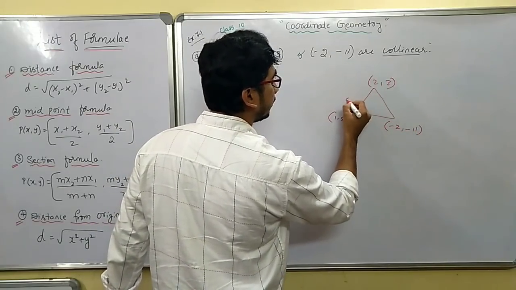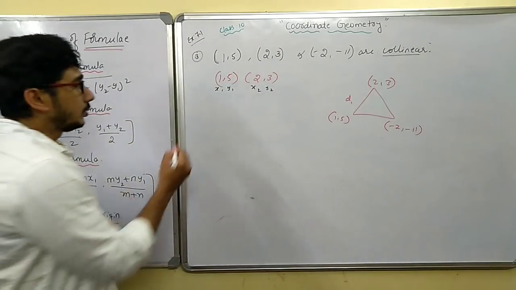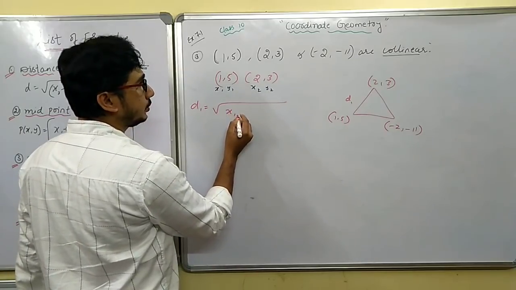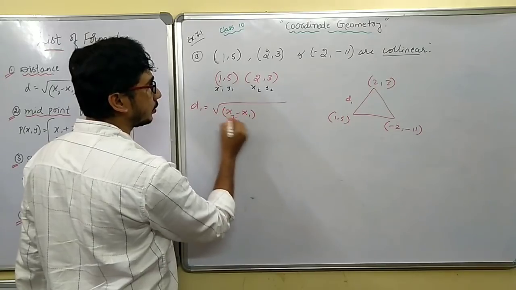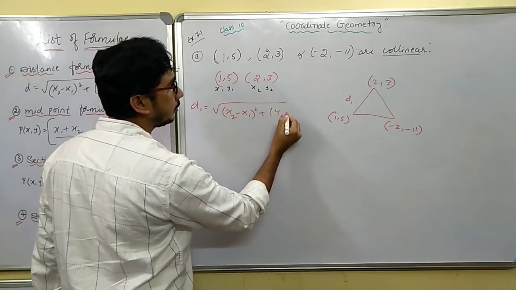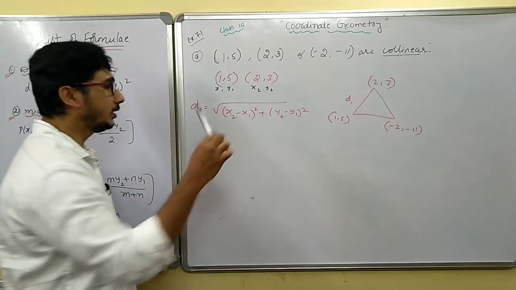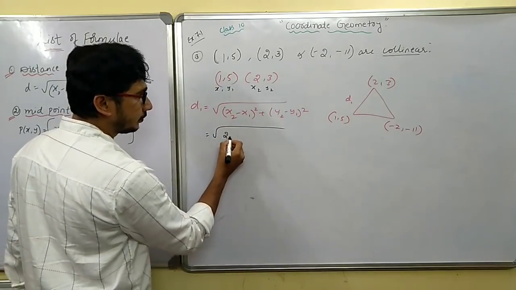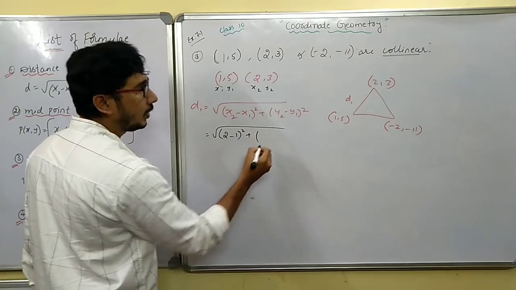I'm finding distance d1 now. So d1 is equal to root of (x2 minus x1) whole square plus (y2 minus y1) whole square. I have written the formula. So let us find the value. x2 how much? 2. x1 how much? 1 whole square. y2 how much?